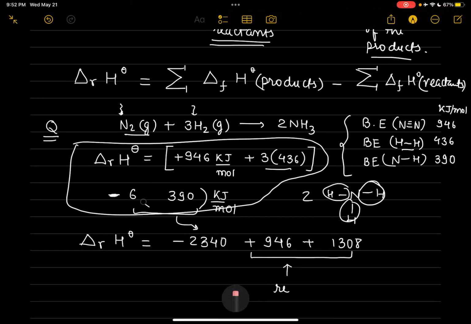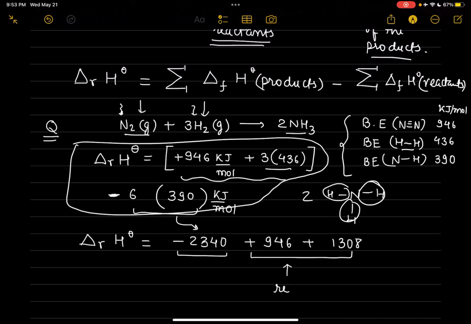If I take -6 here, I will not take -390. This is one and the same thing, because these are positive values. Or I can take -390, and if I take -390, I will take +6. Is it clear? This is one and the same thing, because this is the heat which is being liberated, heat released.